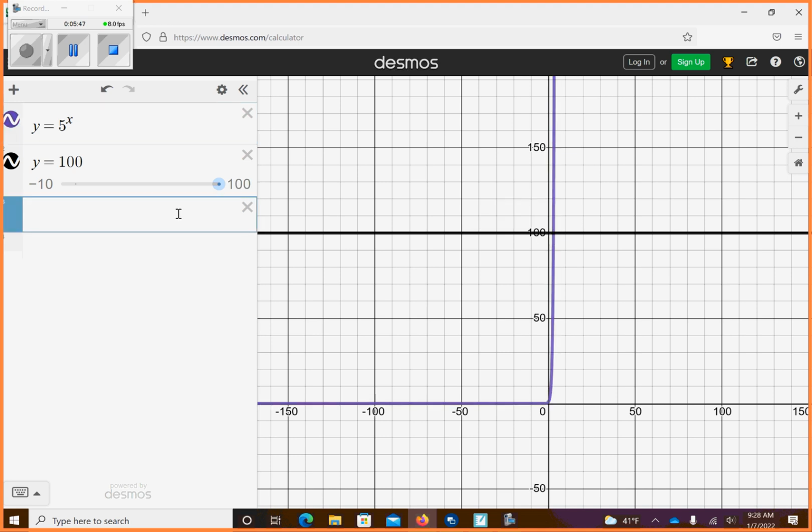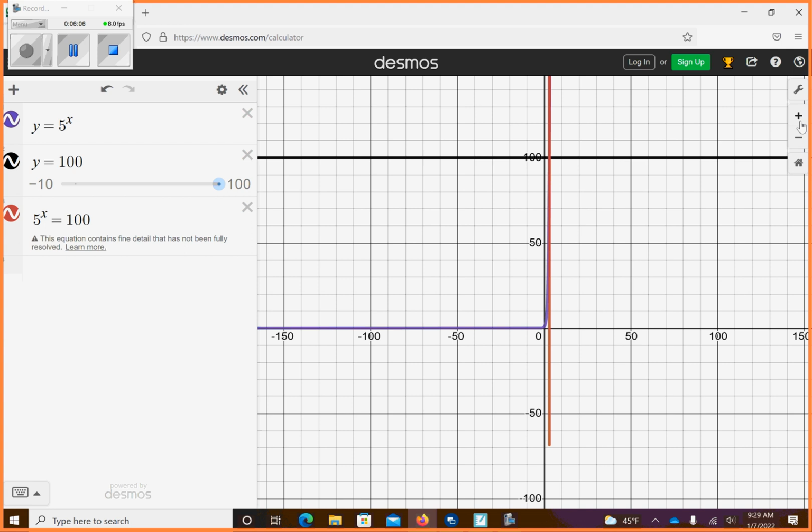But let's see what would happen if we typed it in as normal. Let's see, I get 5 raised to the x is equal to 100. Yeah, that one actually, that did work as well. So let's zoom back down here.